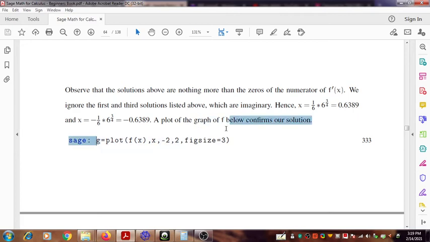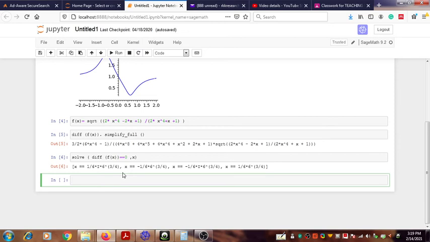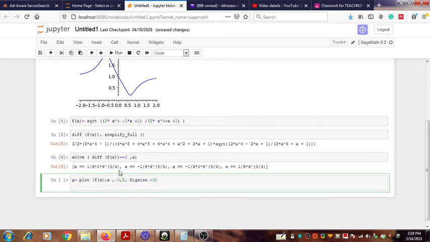You can just copy it and paste it in the input cell. By this command we create the plot, and that is stored in g.